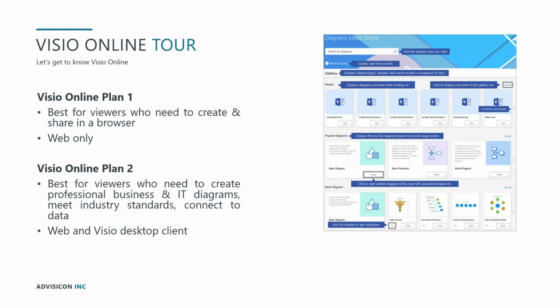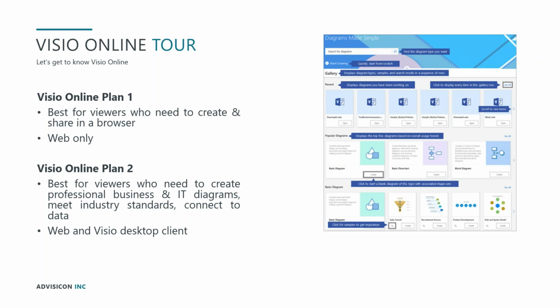With Visio Online Plan 2, this is the one that those of you who have the Visio client installed on your PC are already familiar with. You've got access to the fully functional Visio Professional desktop client, and you additionally have access to Visio in the web.